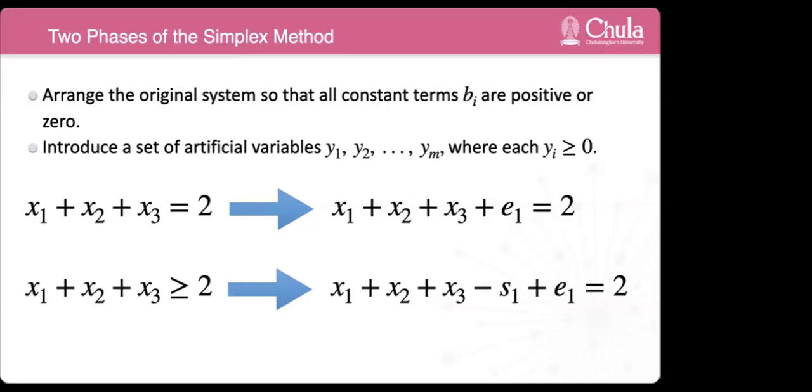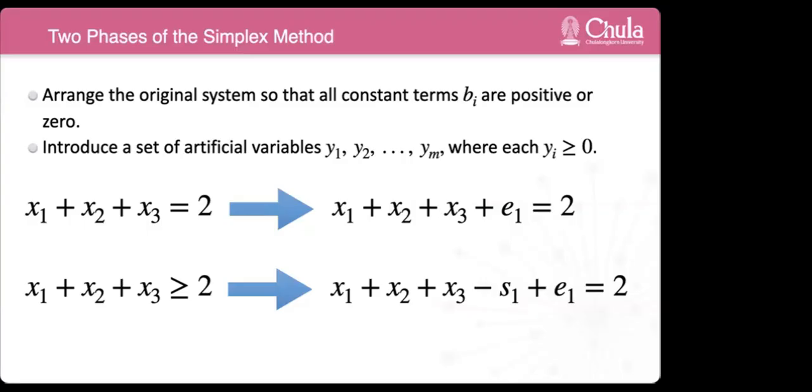What does this mean? E1 must be 0. That is the aim of the first phase of the algorithm. You have to handle it this way in order to find the feasible solution first.